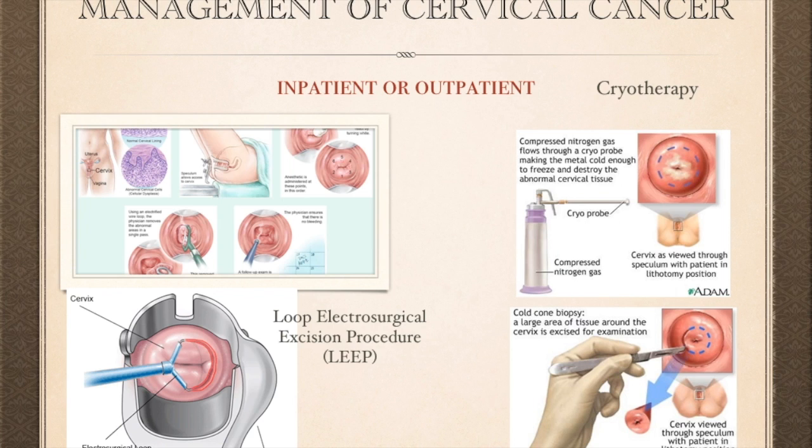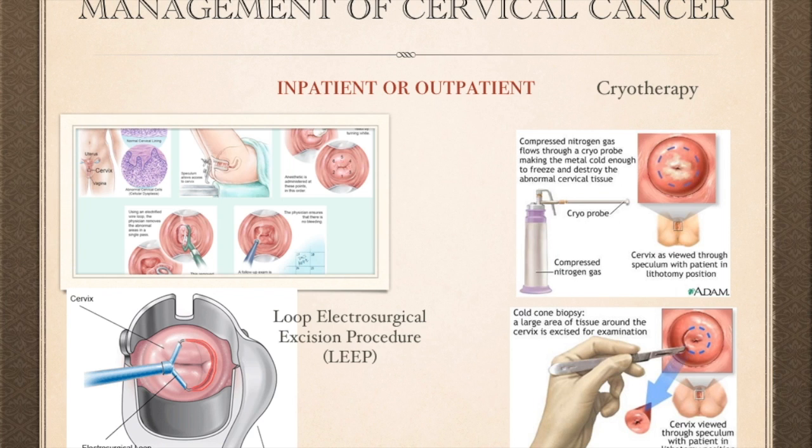We're going to take them to the OR and do a cold knife cone biopsy if the biopsies come back with CIN, cervical intraepithelial neoplasia, grade 1, grade 2, grade 3. For a grade 3, what we need to do is a cone biopsy, which is both further diagnostic and maybe full treatment.